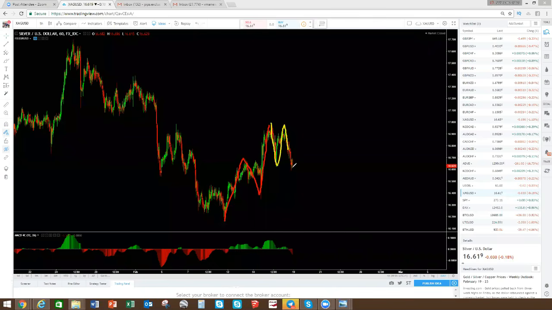We need to wait for a reversal here for a further move to the upside. And like that, further move to the upside on silver. Okay. So wait for this corrective structure to complete and show reversal.